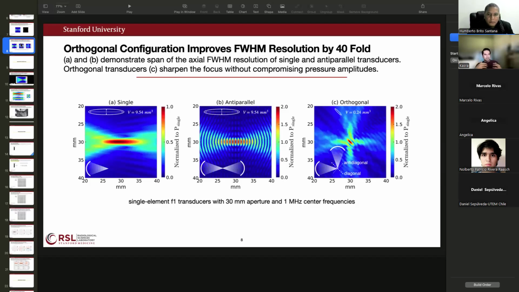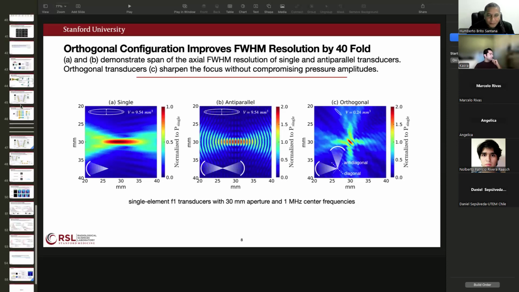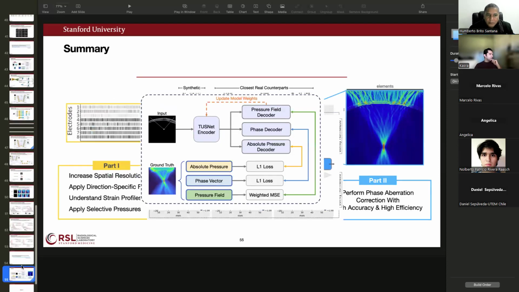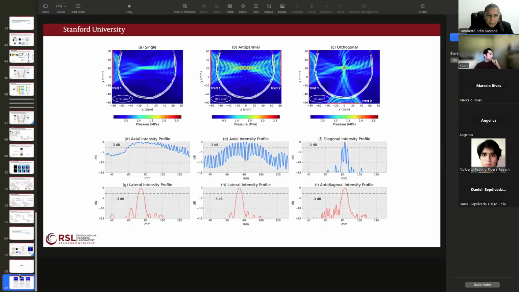But I didn't have the compute power to run a 1 megahertz simulation for a 10 centimeter wide simulation field to show what happens transcranially. But that was a question that reviewers asked us for this paper: what is the guarantee that this is going to hold if you're doing it with the skull present? To answer your question, heterogeneous medium. So I ran a separate simulation to prove to them that we still can do this.